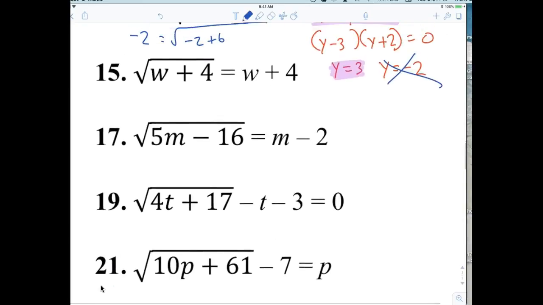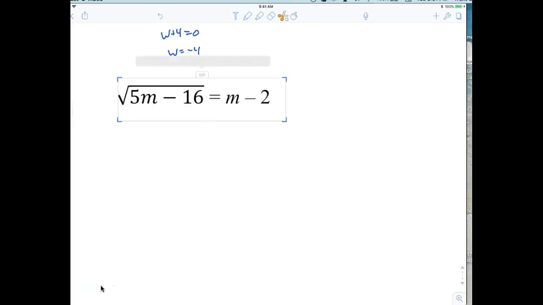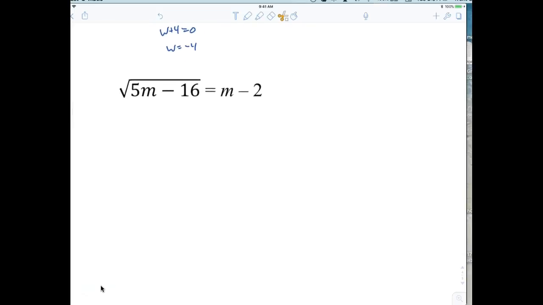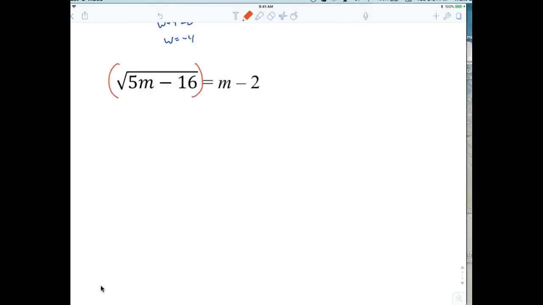All right, now we're going to do 17. Let's see how we're doing. All right, so what am I going to do on both sides? Square both sides. What happens when you square a square root?